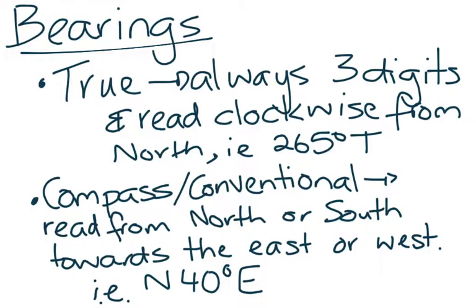Then we've got a compass or a conventional bearing. It depends on which text you're looking at. And these are read from either north or south towards the east or the west. And I've given an example there of what one might look like, and it is north 40 degrees east. Whereas you can see in the true bearing, it's just 265 degrees T, which is true.